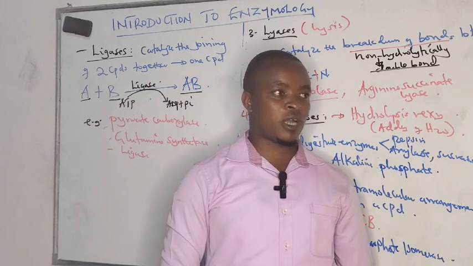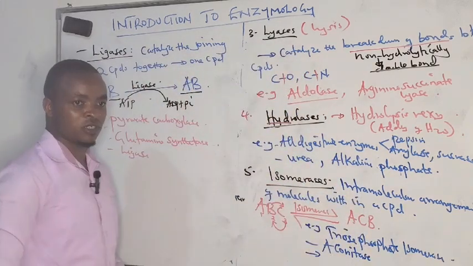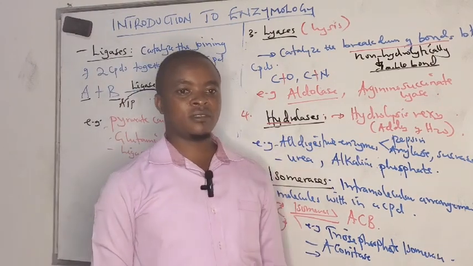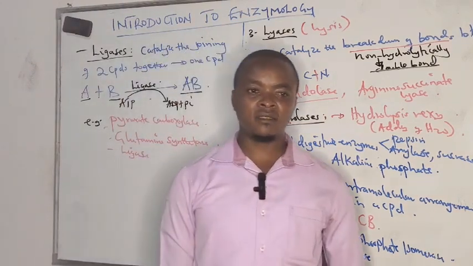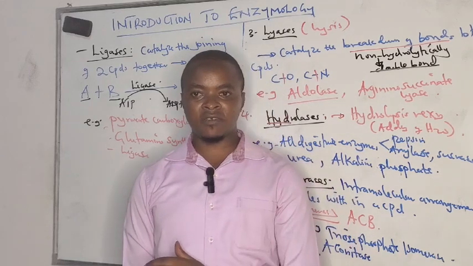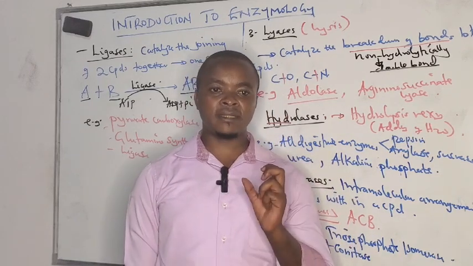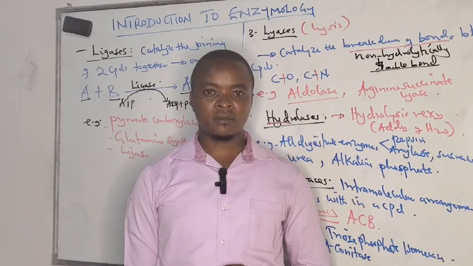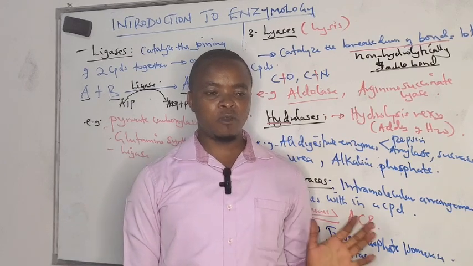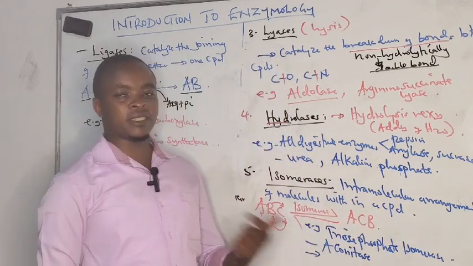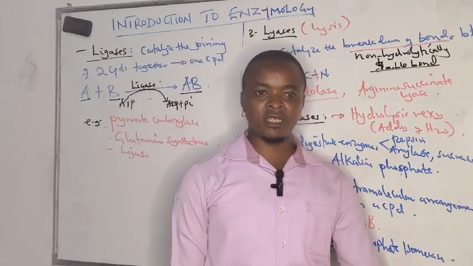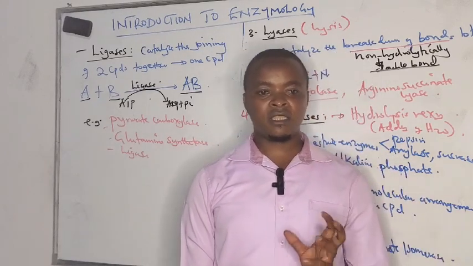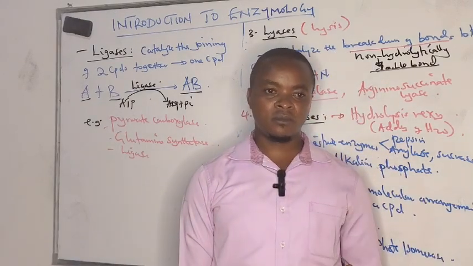So that is what we had in introduction to enzymology, where we talked about what an enzyme is, a biological catalyst. We have seen the properties of enzymes. We looked at different terms used in enzymes. We also saw the mechanism, that enzymes act by lowering activation energy, which is the energy barrier that the reactants must overcome to form products.